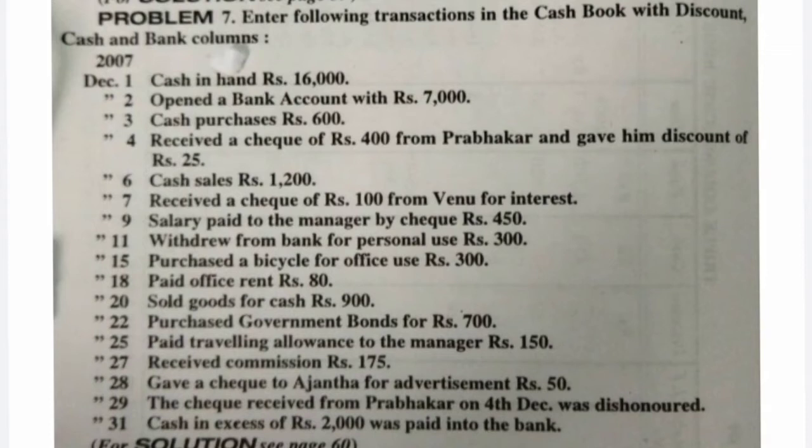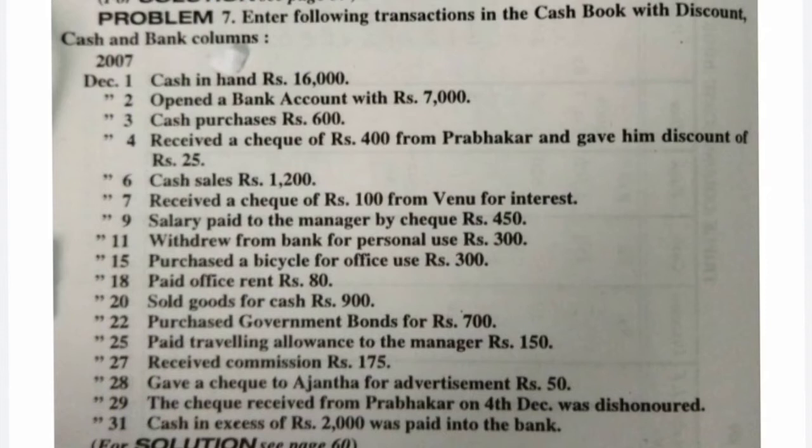Cash in hand rupees 16,000 and opened a bank with rupees 7,000. Okay, so the balance brought down, cash balance, that is 16,000 as on December 1st. So what is happening on December 2nd, that is we are opening the bank account.